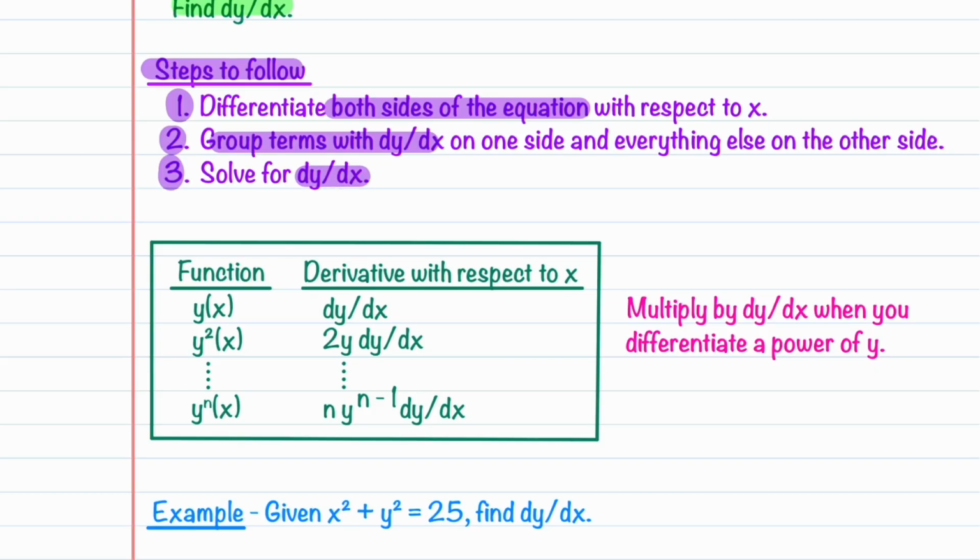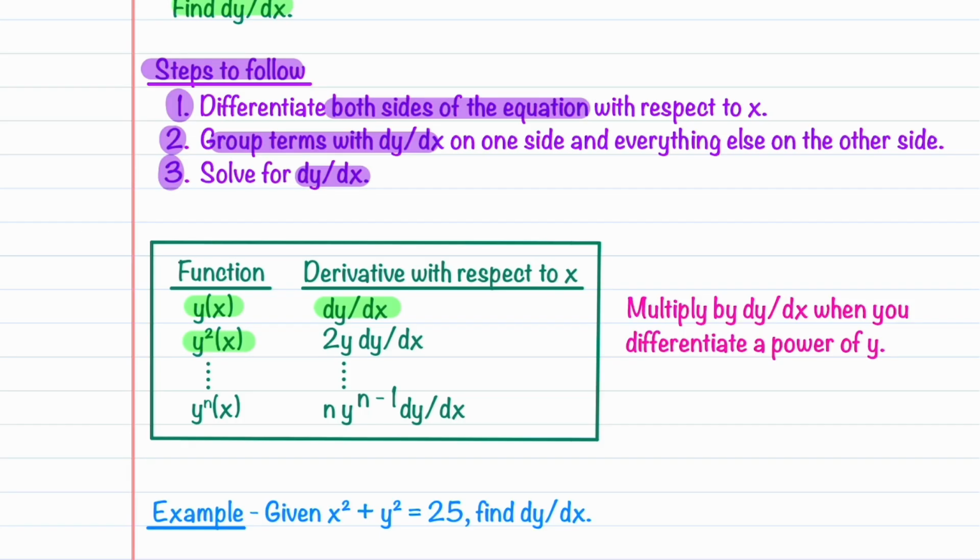In this green box, I have listed what I think is one of the biggest stumbling blocks for students when you do implicit differentiation. One of the key things to remember is that if you have a function y of x and you take the derivative, it is dy dx. That part seems pretty straightforward. Let's now look at the function y squared of x.